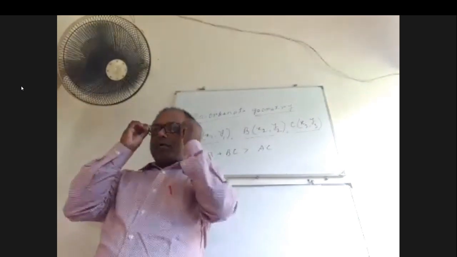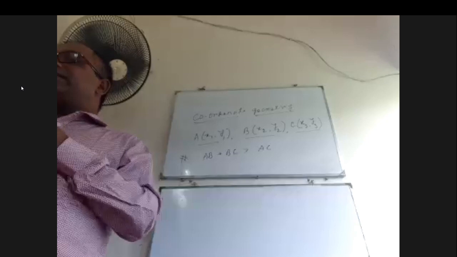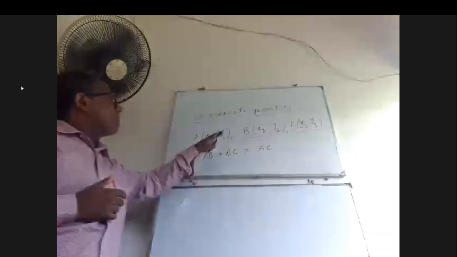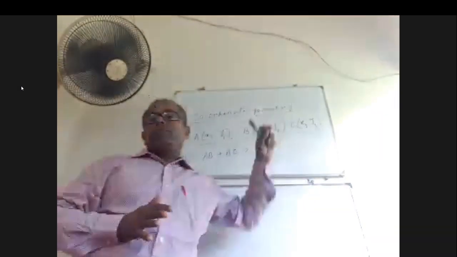If the sum of any 2 sides is greater than the third, then we can draw a triangle with these 3 points.